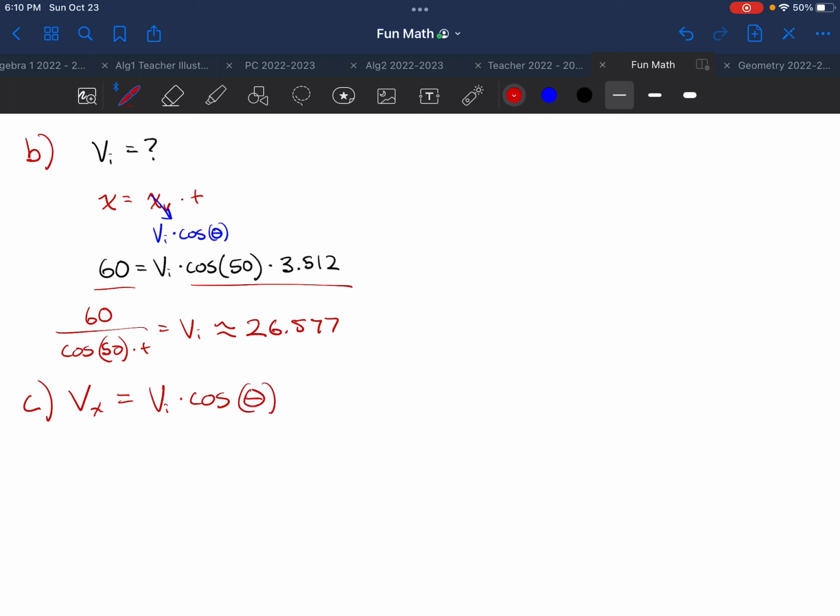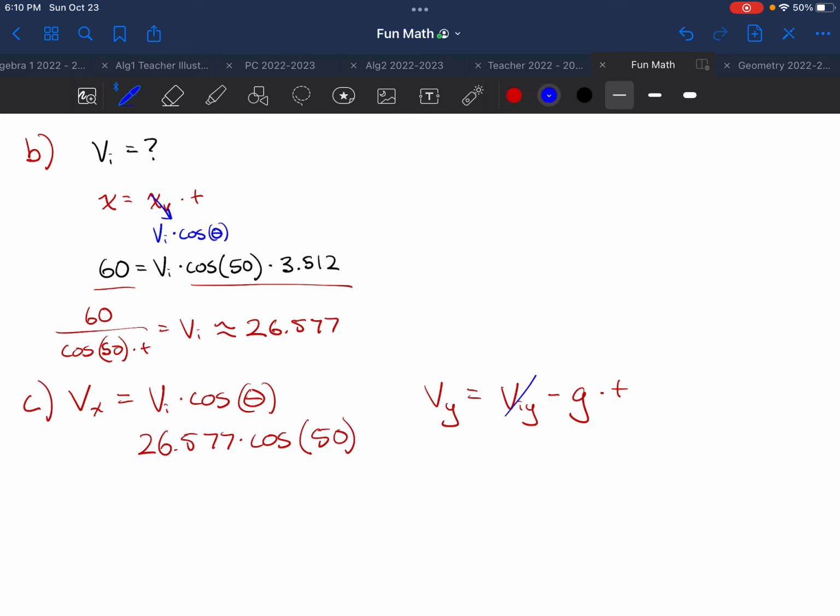So in our case, it's 26.577 times cosine of 50. Pretty easy. The velocity of the y is a little more troublesome. The velocity of the y is the initial y, and then you have to subtract gravity times time. But we know all those things, right?